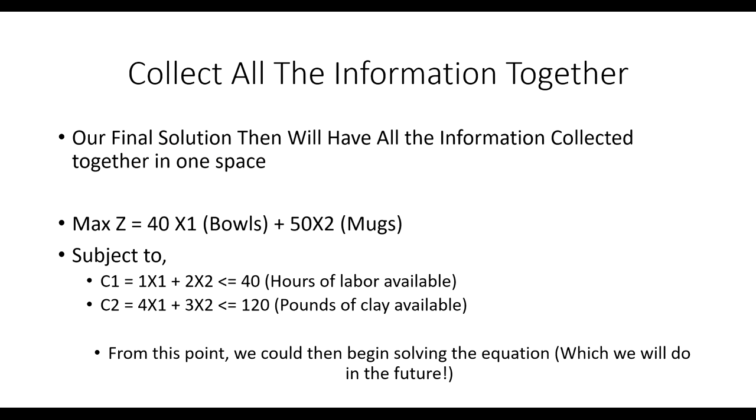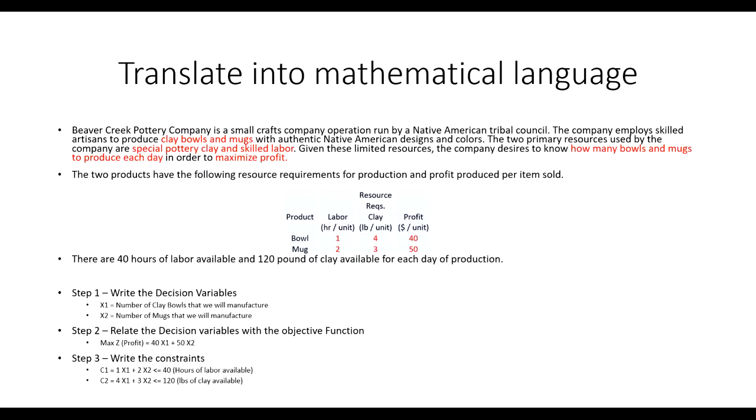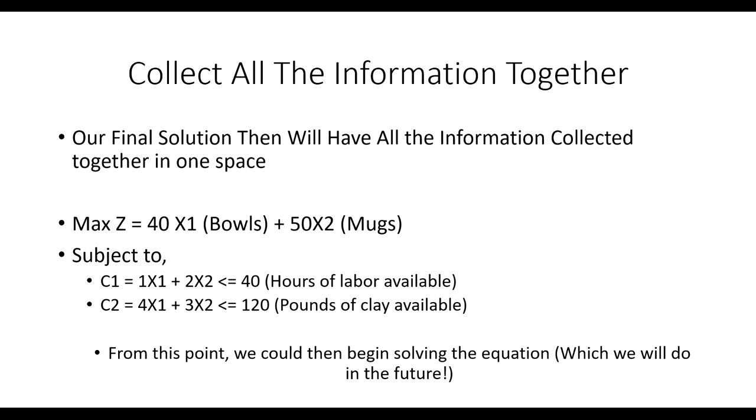Maximize z equals 40x1 plus 50x2, subject to 1x1 plus 2x2 is less than or equal to 40, and 4x1 plus 3x2 is less than or equal to 120. This is quite simply how we have to write all of this information every single time. It has to be written in this format.